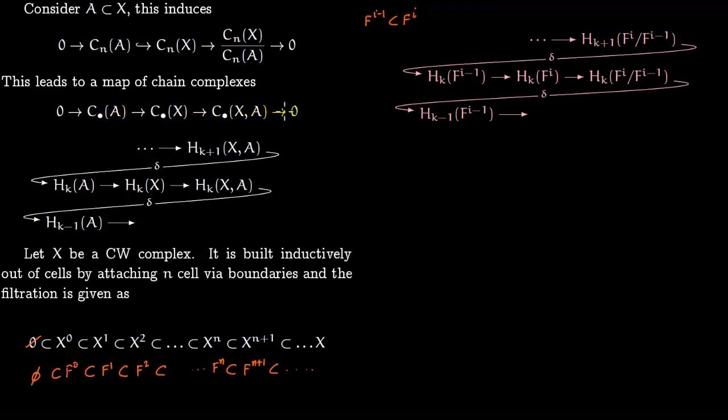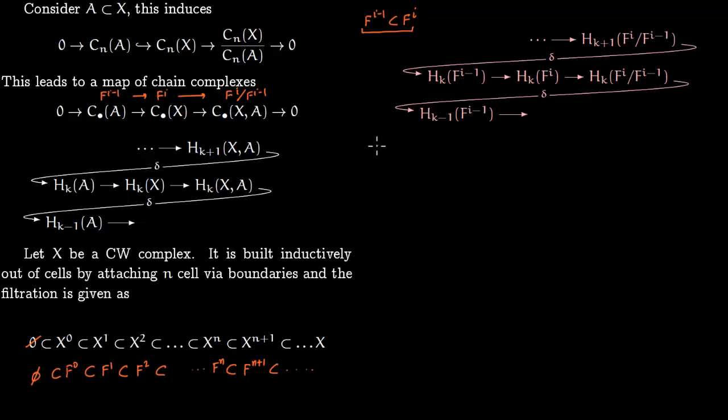You can say this is F_{i-1}, this is going to F_i, and this is F_i modulo F_{i-1}. And this will give you a long exact sequence like this, and precisely this is the long exact sequence which we are copying here. So this long exact sequence corresponds to this pair F_{i-1} contained within F_i.